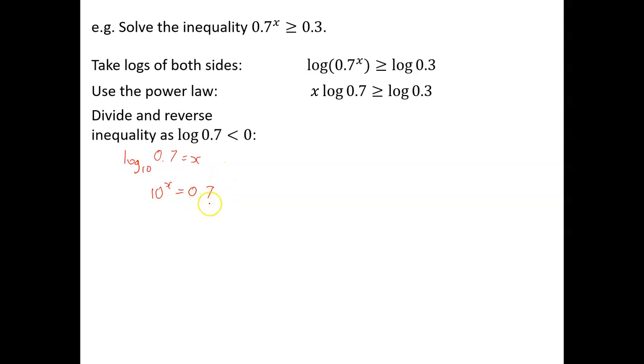So 0.7 squared is 0.49. That's got smaller. 0.7 to the power of 3 is 0.343. That's getting even smaller. So this means that x must be negative for me to get 1 over 10 to the power of something. So that's why when I divide by log of 0.7, I have to flip the inequality sign. So x is less than log 0.3 over log 0.7.